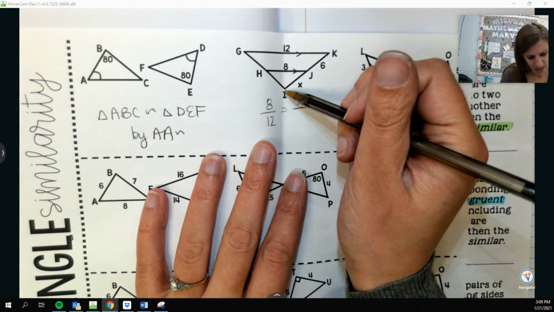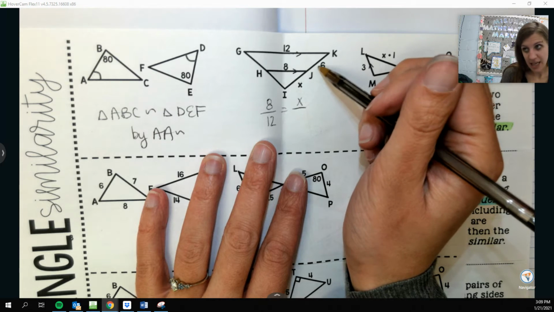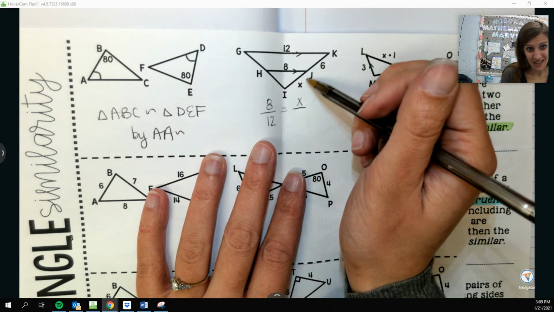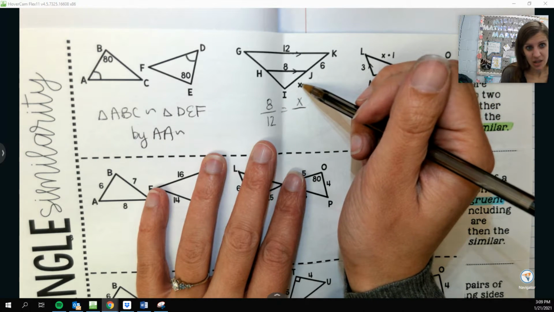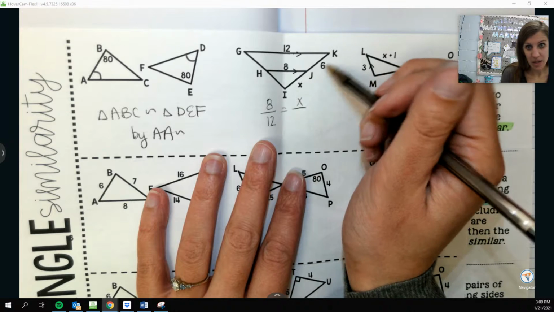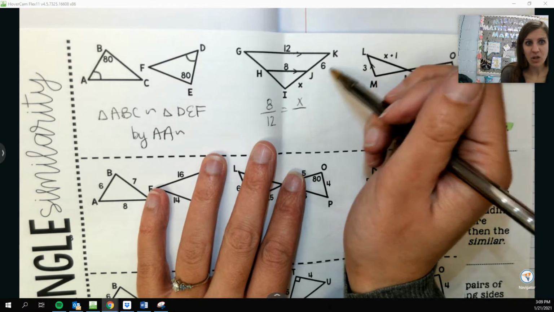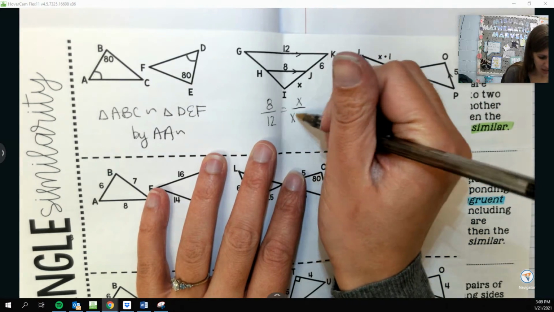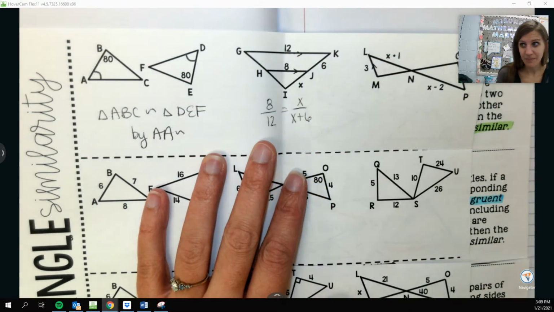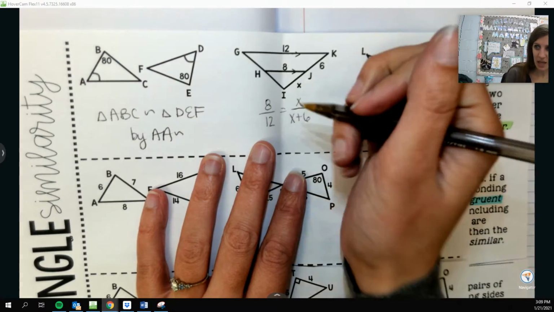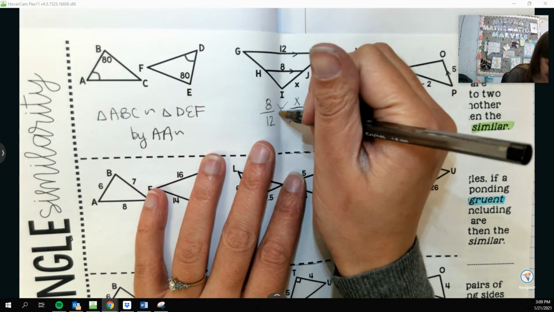And then the big one that matches up with is that whole thing, which, like if it was 5, then it'd be 11. Or if it was 4, it'd be 10. And so what we're doing there is we're adding those two things. So when I write it down, I want to make sure that I add them. And so then we can cross multiply and solve.